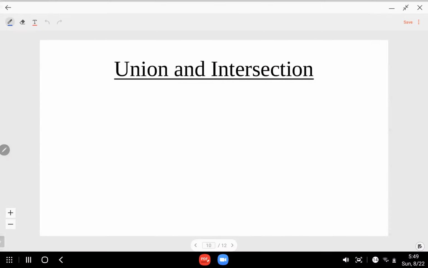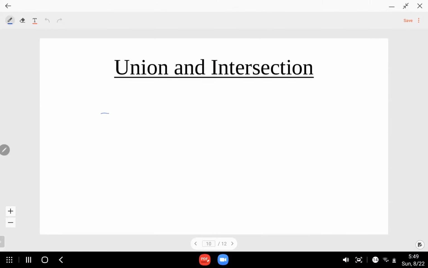So what is a union? All right, let's use a diagram to do this. This is a very trashy Venn diagram. Hold on, let me make it less trashy. Oh, that's better. So this is A, and this is B.